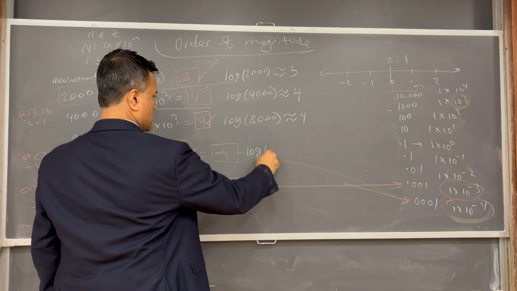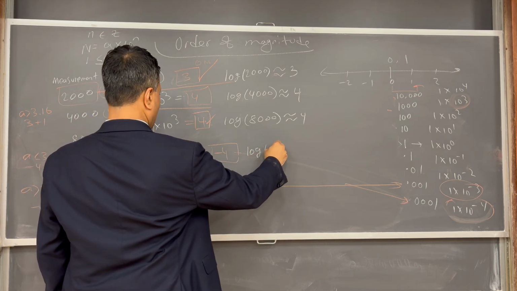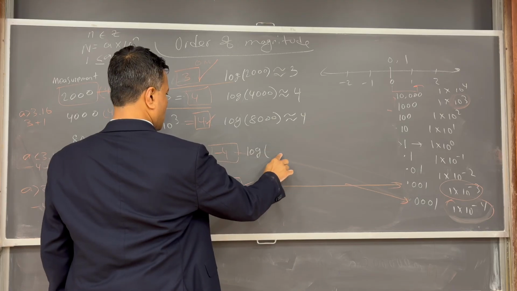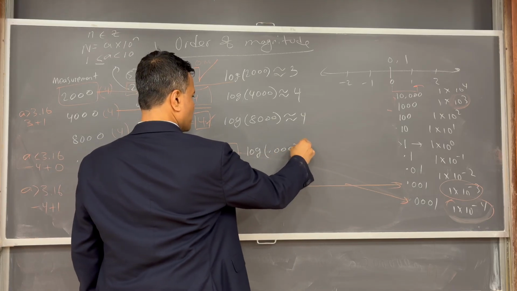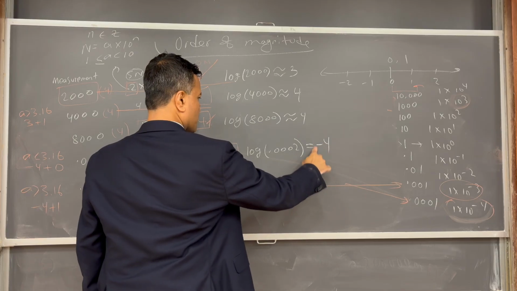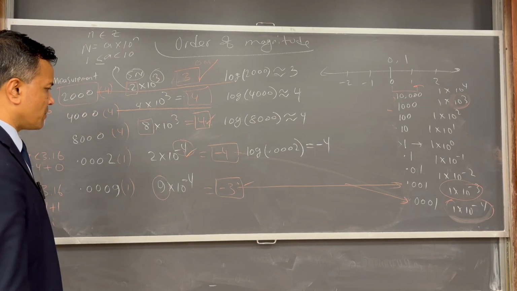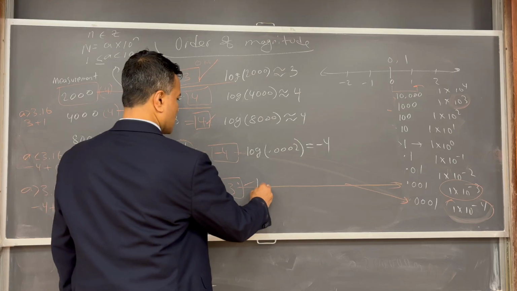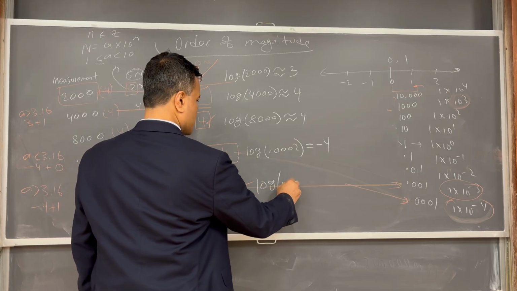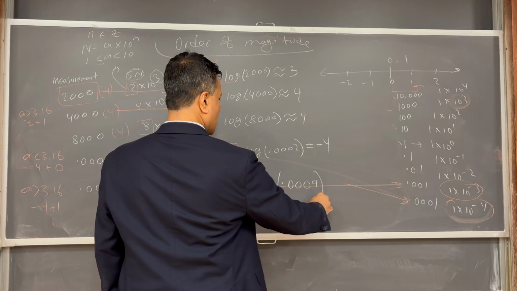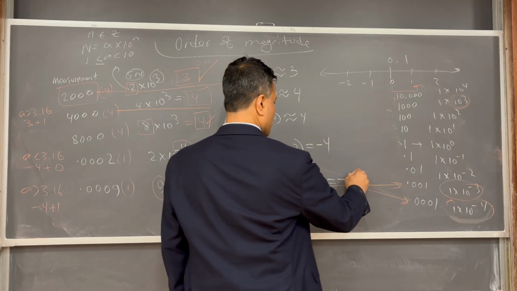Log 0.0002 is minus 4, rounded to a whole number. Finally, log 0.0009, you're going to round it to a whole number, of course, minus 3.